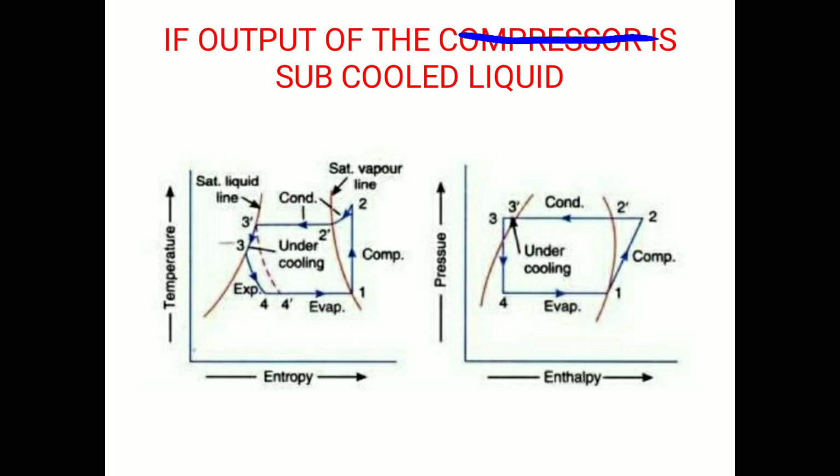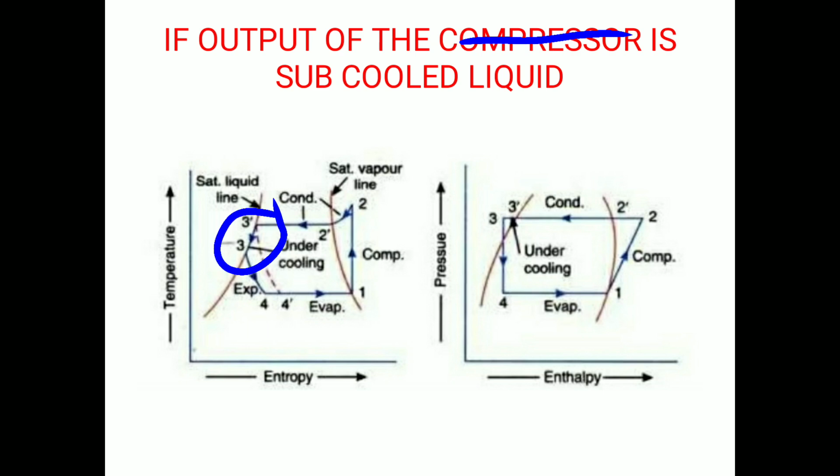If the output of the condenser is subcooled to liquid, then only this case is possible. We all know the output of the compressor can never be subcooled to liquid. So if the output of the condenser is subcooled to liquid, that is this point 3.